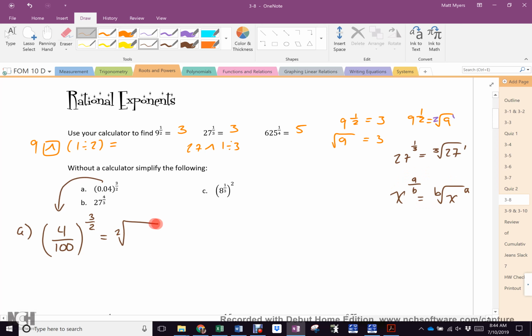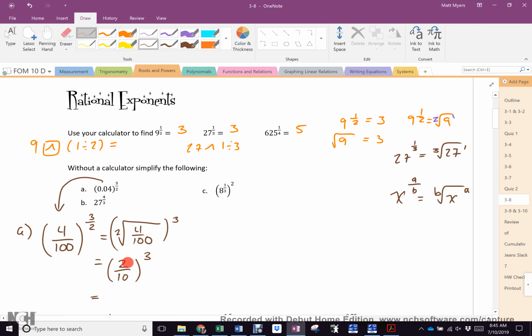I need the square root of 4 over 100 to the 3rd power. What is the square root of 4 over 100? Oh, sorry, I gave it away. Not 4 over 10. 2 over 10, all cubed.